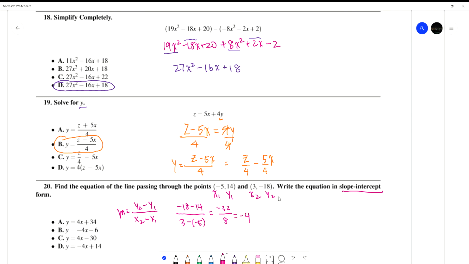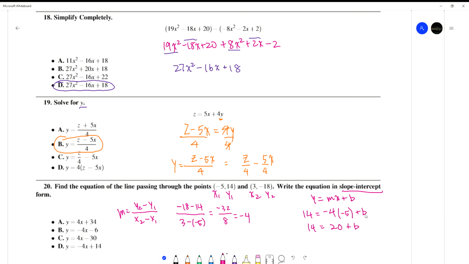So once we have our slope, we can plug in an ordered pair. And I like to personally use point slope form, but since most people are more comfortable with slope intercept here, we'll do that, okay? So we have y is equal to mx plus b. So we substitute, so 14 is equal to, m is negative 4, x is negative 5 plus b. So 14 is equal to negative 4 times negative 5 is positive 20 plus b.